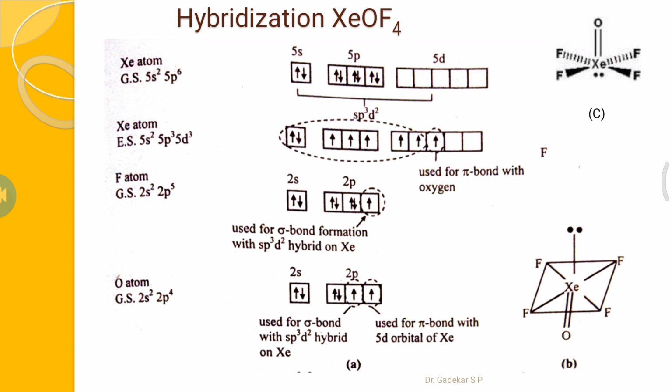In figure C, this is the square pyramidal shape, not geometry, its shape, because it contains only 5 bond pairs of electrons. So it is a square pyramidal shape, while B is octahedral geometry in the xenon oxyfluoride molecule.